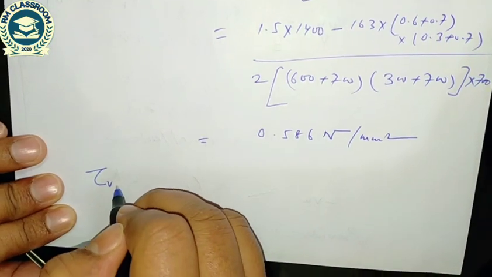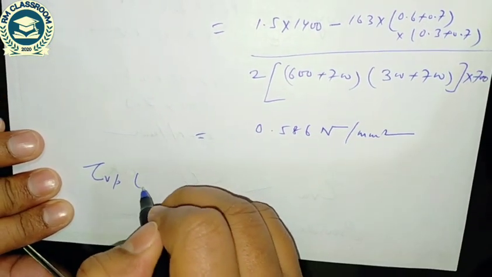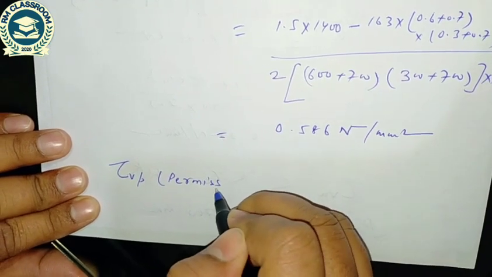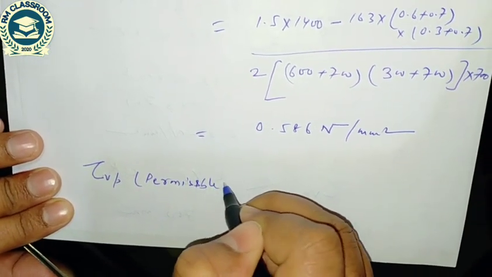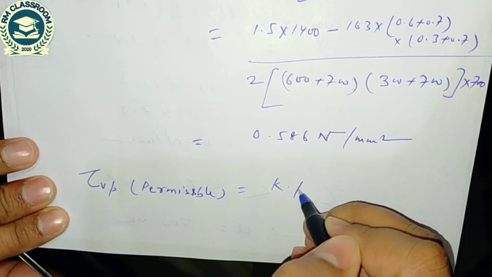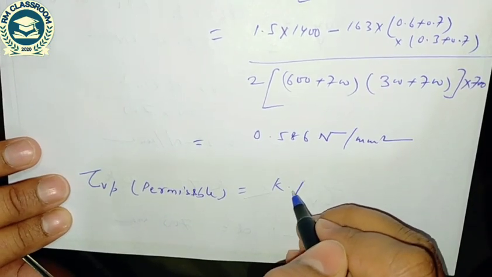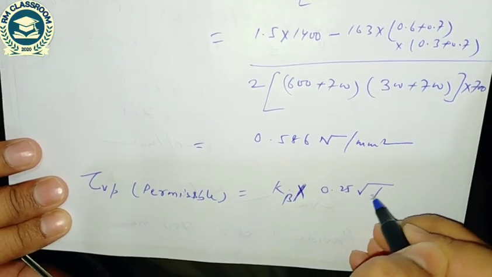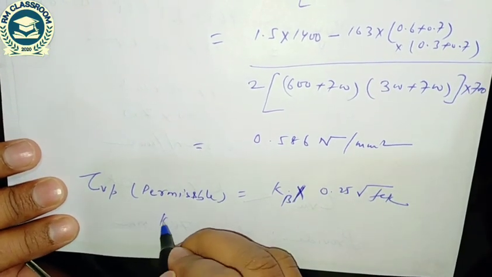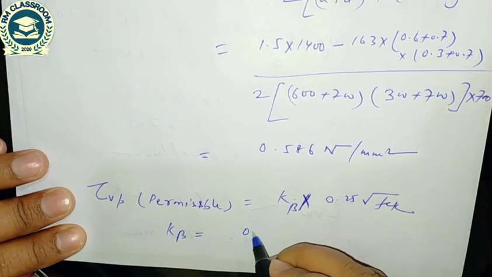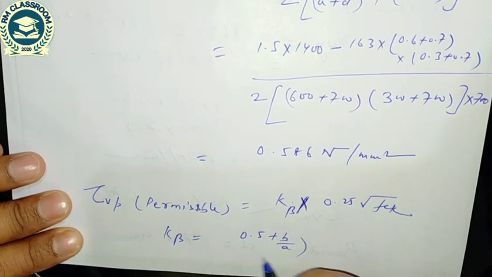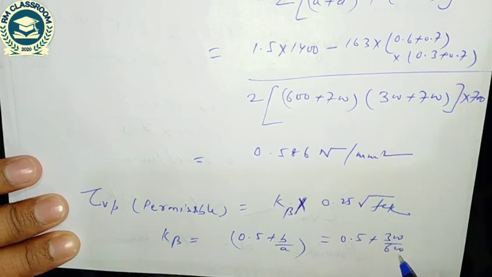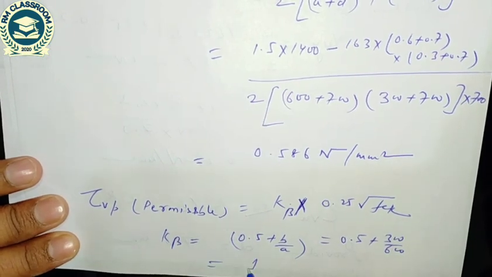And tau Vp, permissible, is equal to Kb into, as per limit state, 0.25 square root of FCK. K beta can be computed as 0.5 plus B by A, 0.5 plus 300 by 600, so it is coming 1.